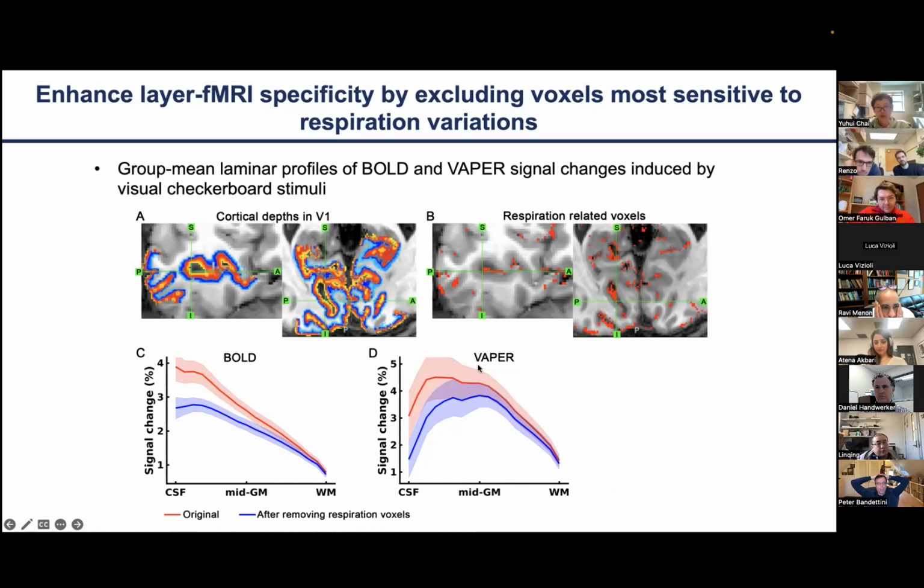The red curves show the laminar profile before we remove any respiration-related voxels, and the blue curves show it after we remove those respiration-related voxels. You can see the superficial bias is reduced in both BOLD and VASO. For VASO, before we remove any respiration-related voxels, its superficial bias is already much less compared to BOLD, but after we remove them, it becomes even better, and similarly in BOLD.